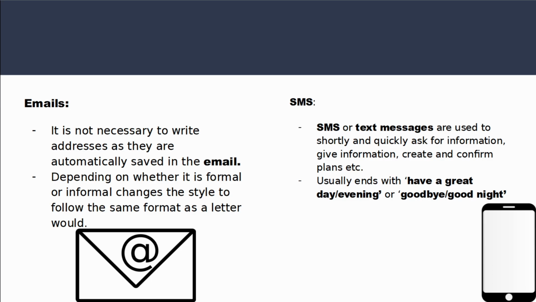SMS, or text messages, are used to shortly and quickly ask for information, give information, and create and confirm plans. It usually ends with, "Have a great day" or evening, or "Goodbye" and "Good night." SMS or text messages are usually a little more informal and personal.